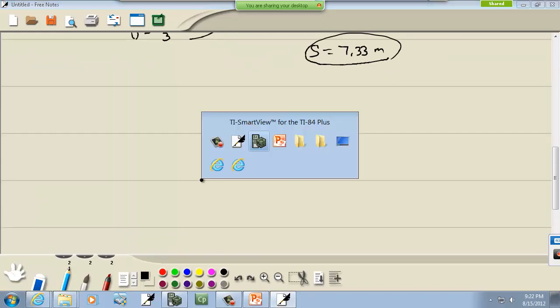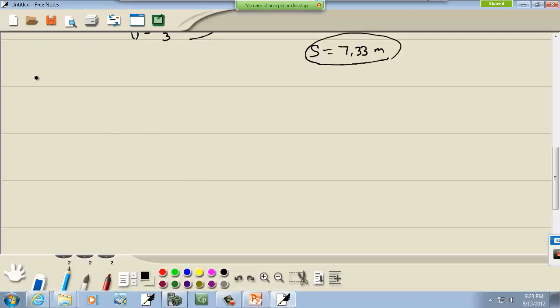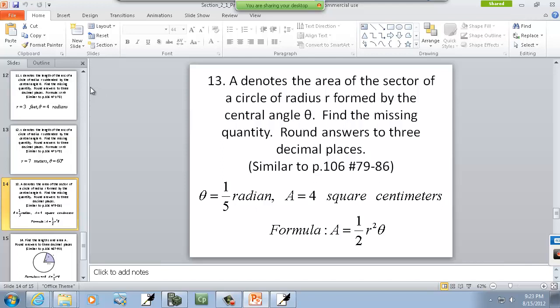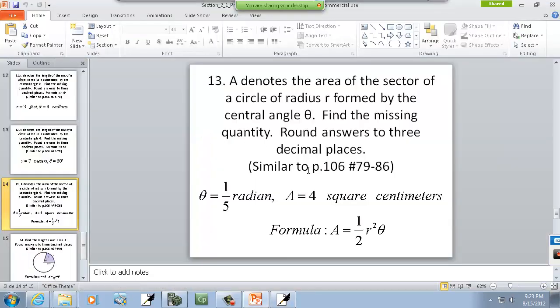Now we also have a formula for the area, which is the next problem. So let's look at it. Area is equal to 1/2 r squared theta. And let's see, A denotes the area of the sector of the circle of radius r formed by the central angle theta. Find the missing quantity. Round answers to 3 decimal places.